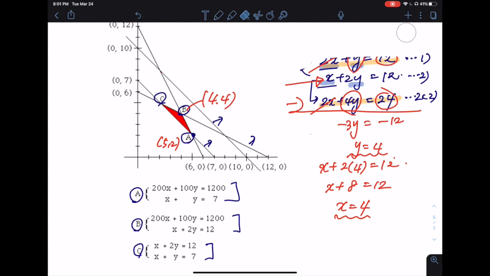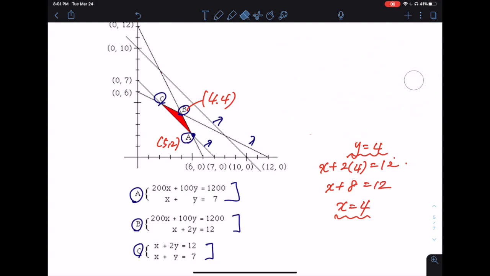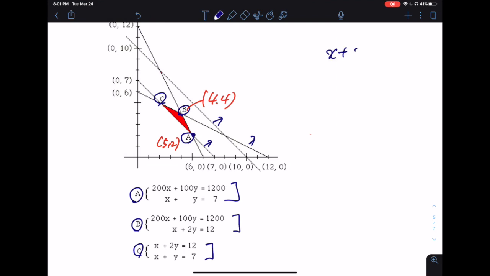Okay, now we have one more corner point, so let's try to find that one. The last corner point is given by these two equations: x plus 2y equals 12, and x plus y equals 7.